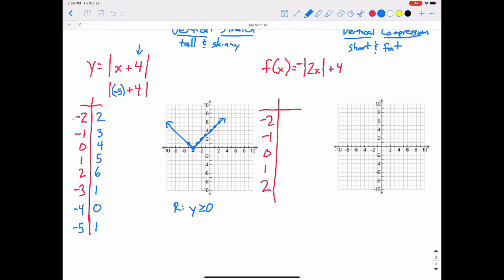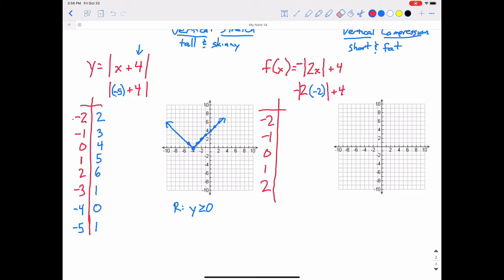Let's try one more. This is the granddaddy because it's got a little bit of everything. So back to function notation, but we should already know that doesn't change anything. We're going to take the negative absolute value of 2 times the number we plug in, so we'll start out with the negative 2, and then take that answer plus 4. So let's look to see what happens here.